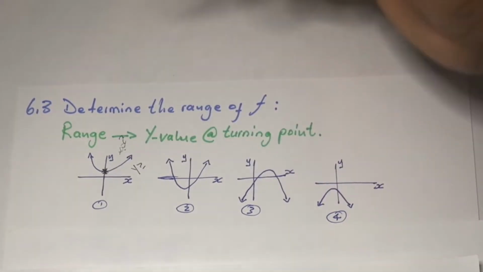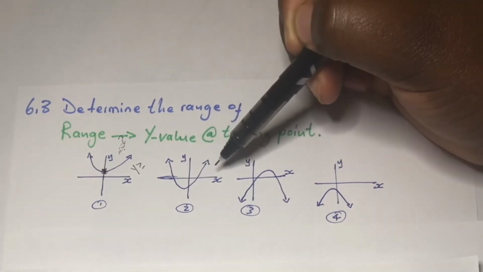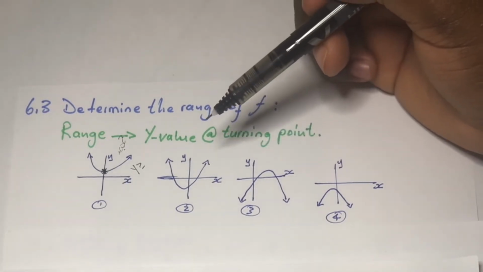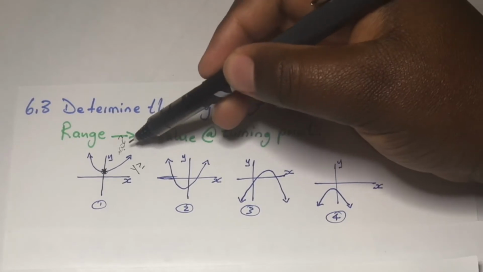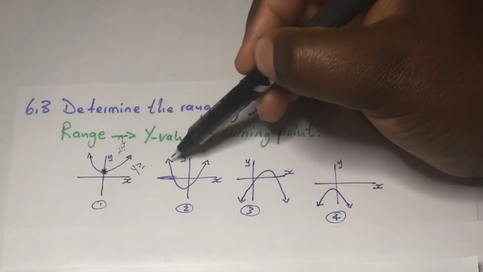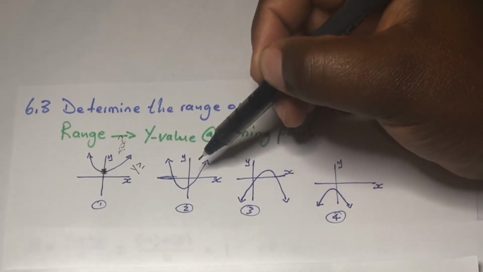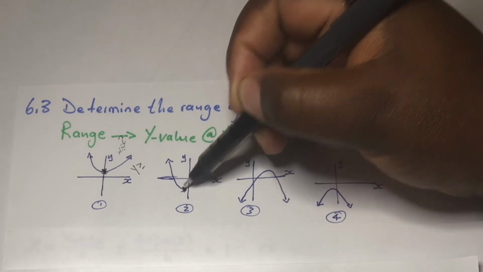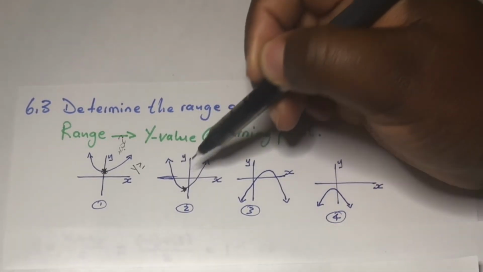of that graph, because the range of that graph will be at y is greater or equal to that y value. And also for the second graph, which is drawn on the x and y axis, it also has a smiling shape, and we know that for that it means the a value of this graph is positive. So if you can know the y value at that turning point, you can simply give the range of that graph.